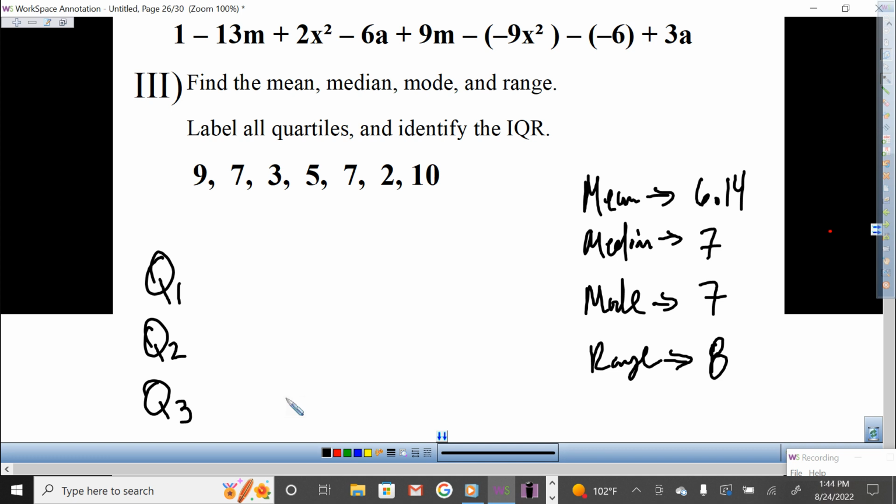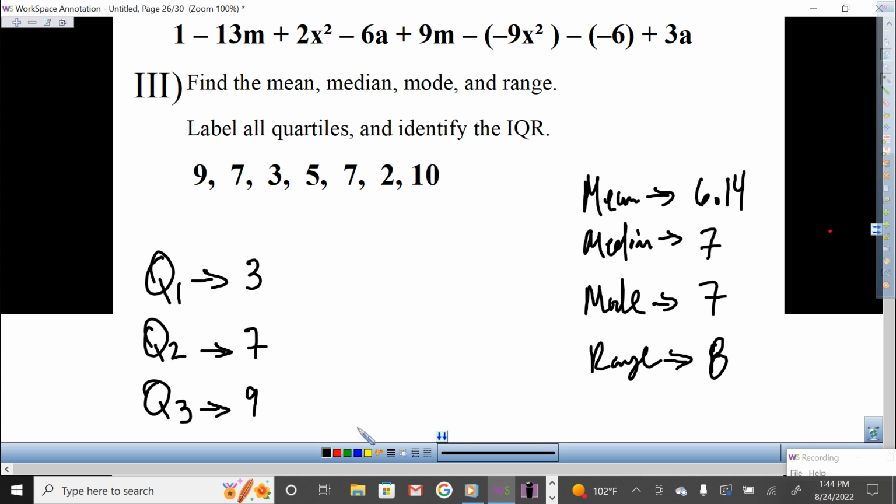Q1, what'd you get for Q1? 3. Hands if you got that. That is correct. Q2, Dom. 7 is correct. And Q3, JC. 9. Hands if you got that.